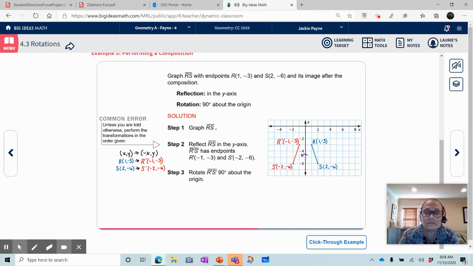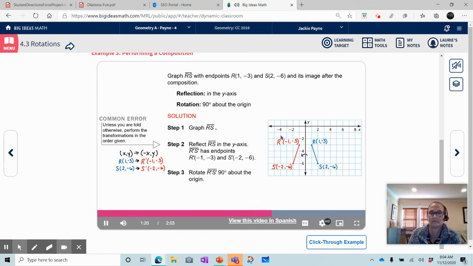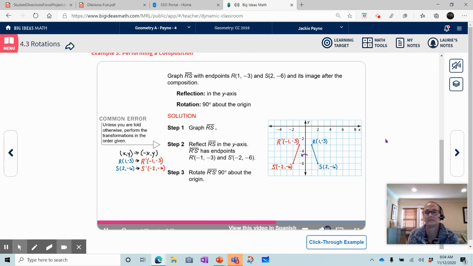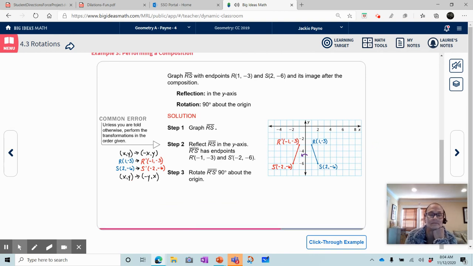Step 3. Rotate segment R'S' 90 degrees about the origin. Rotating 90 degrees about the origin maps the point (x, y) to the point (-y, x). So R'(-1, -3) maps to the point R''(3, -1).